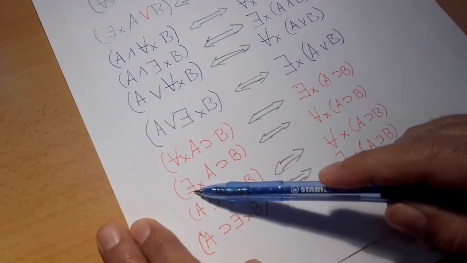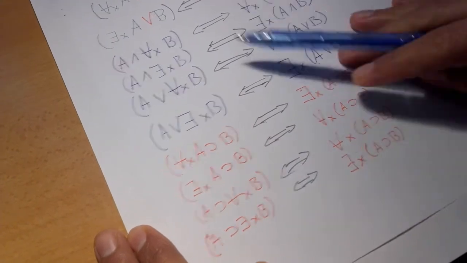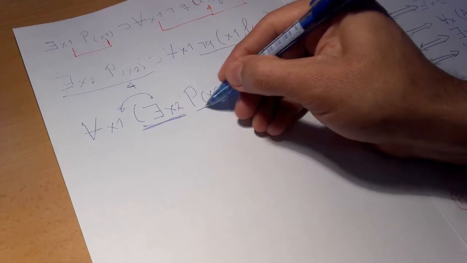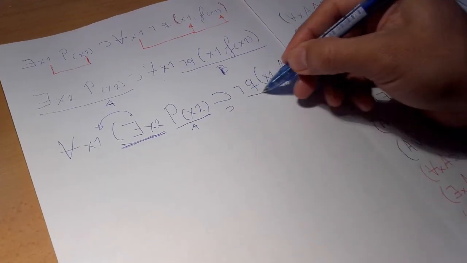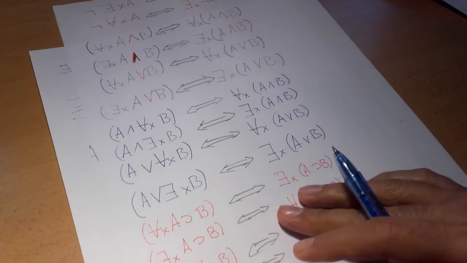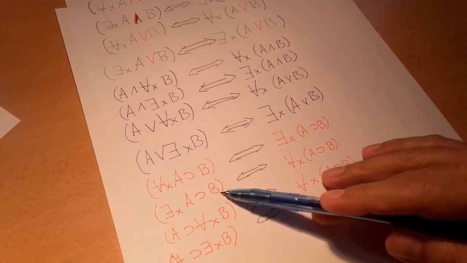Okay, this is good because we have existential A, implication B, and we have existential, and this is going to be A, implication, and the rest B. Did you get it? Yes, this is the existential implication B.